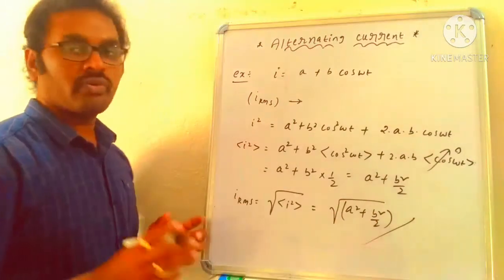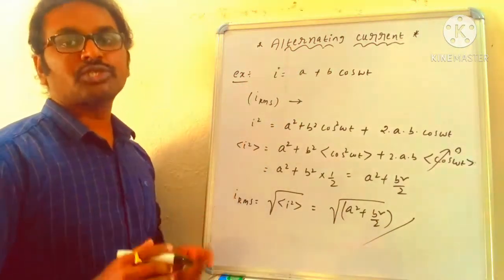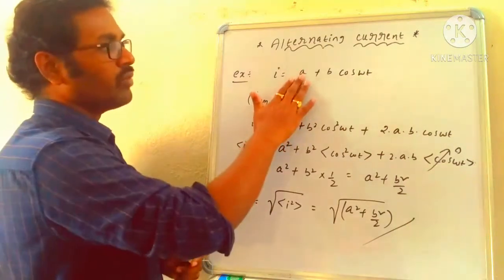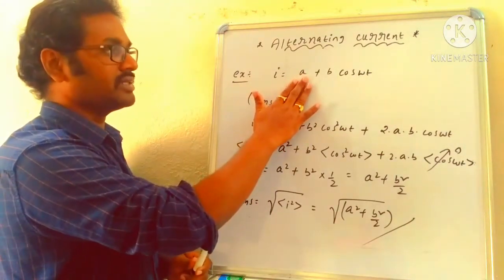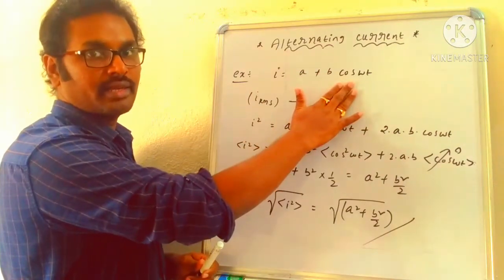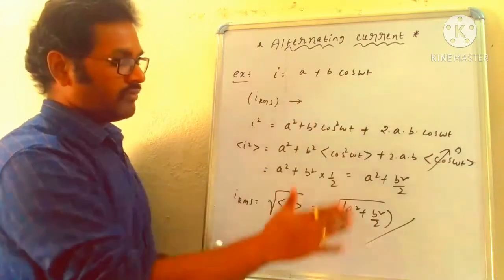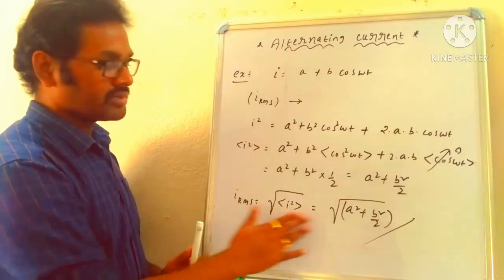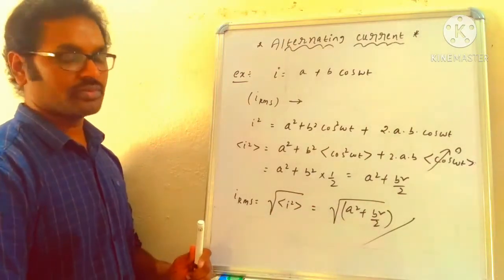So we have got the generalized equation for this kind of superposition. Here a is a constant value, a direct current, combined with the alternating current. It is a mixture of direct current and alternating current. We have got the result I RMS is equal to under root a square plus b square divided by 2.